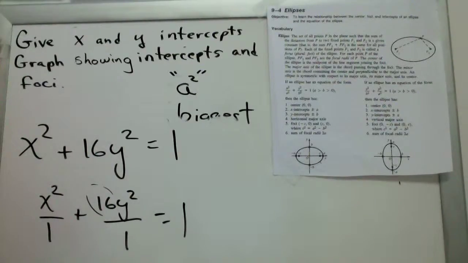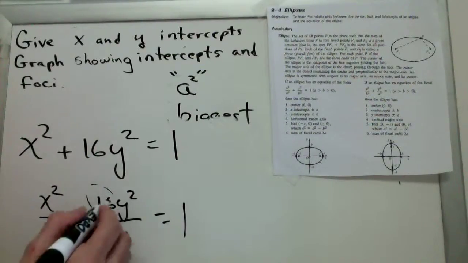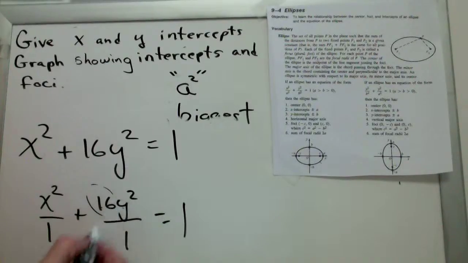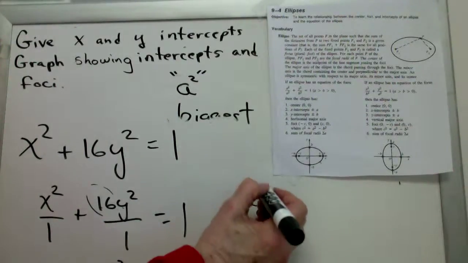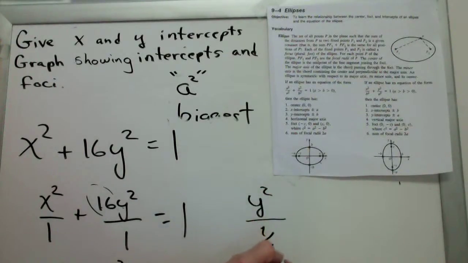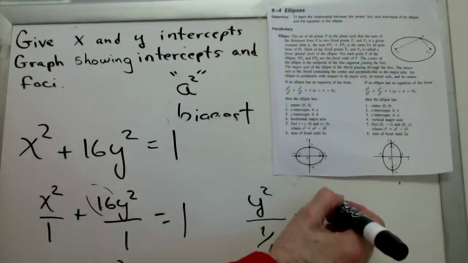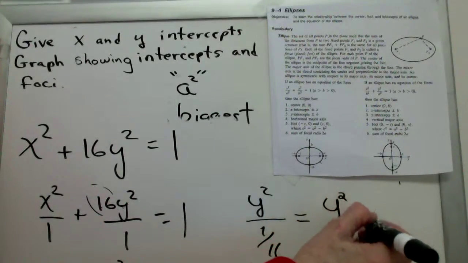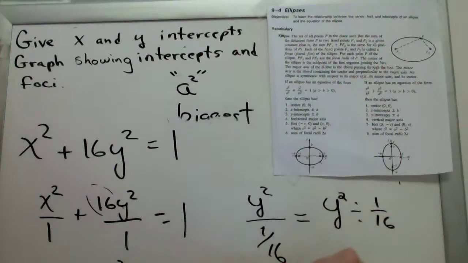So the way to get around that is x squared over 1. This is 16 times y squared. Well, it could also be written as y squared over 1/16 equals 1. And I can prove that because y squared over 1/16 really means y squared divided by 1/16, which really means y squared times 16 over 1, which is 16y squared.